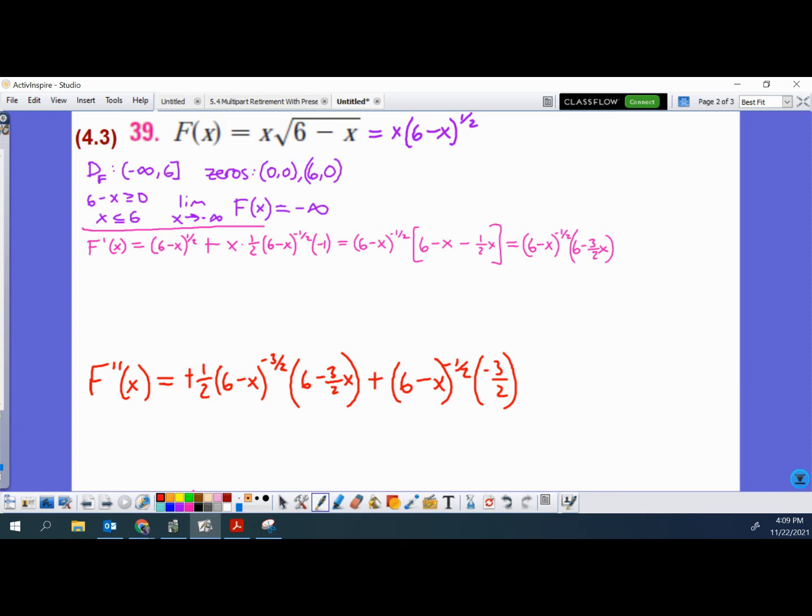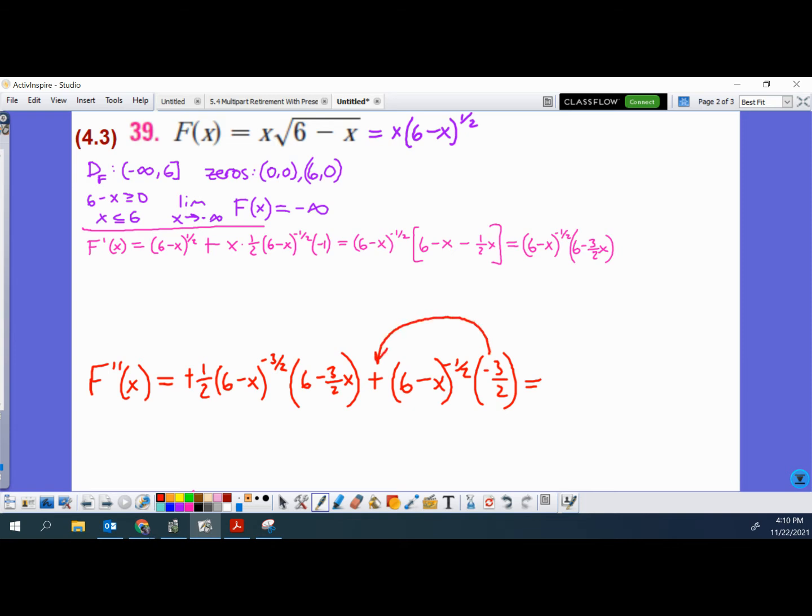Okay. And now I'm going to factor out again 6 minus x to the lesser of these powers, which is the negative 3/2 power. While I'm at it, I'm going to go ahead and factor out a 1/2 as well, since they both have it. It makes it kind of easy to do. So let's rewrite this. Equals, and this term is negative.